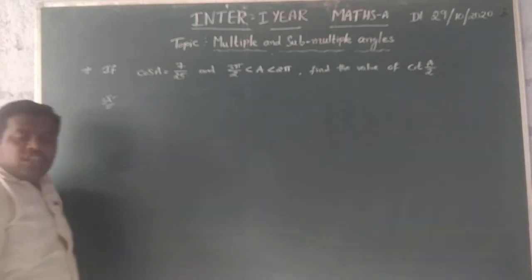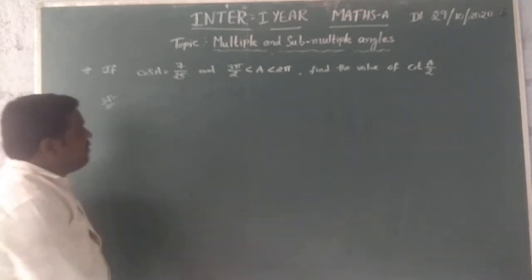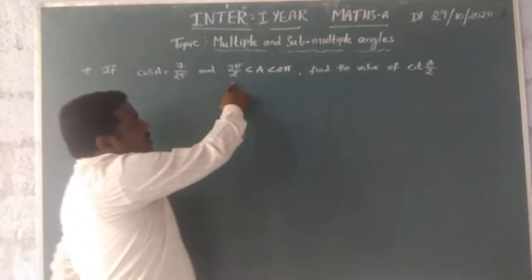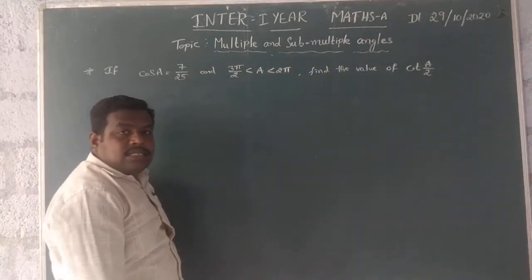Okay. In this problem, what are the given conditions? Given that cos A is equal to 7 by 25 and 3 pi by 2 less than A less than 2 pi.